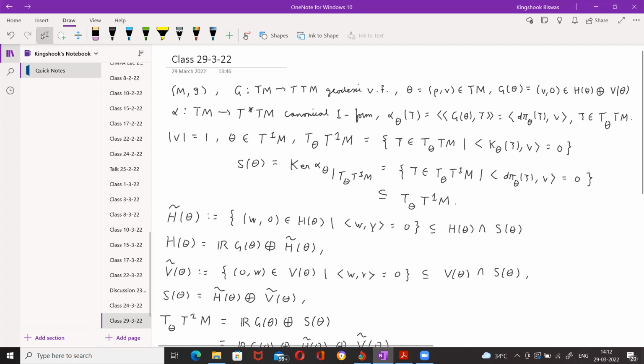Okay. So these are in H theta, and they will also be in S theta, right? Because, well, H theta is a subspace of S theta. Okay. But why am I doing this? Well, I don't need this intersection S theta. I can just write H theta here.